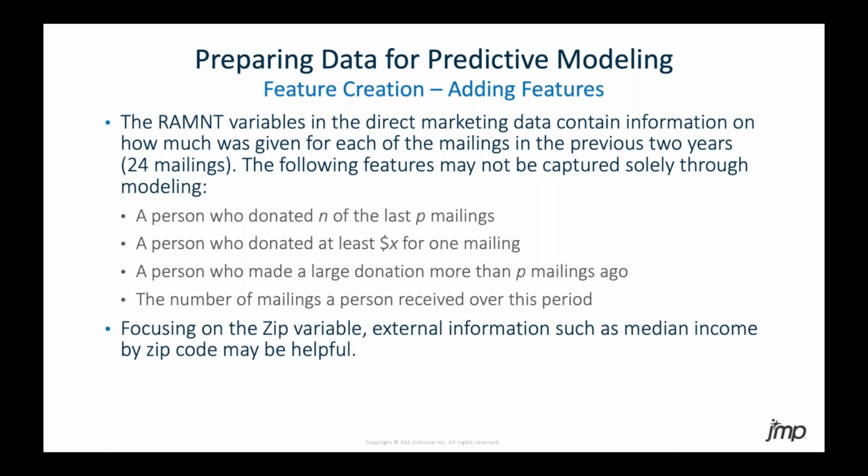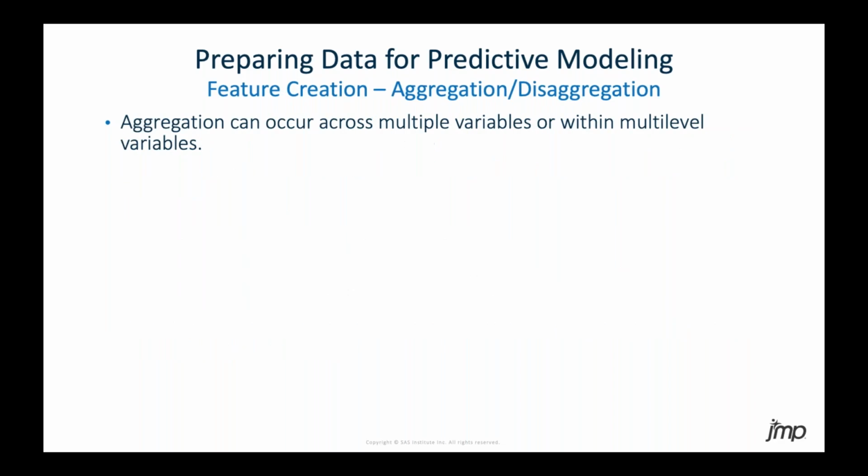Okay. Focusing on the zip code variable. One of the variables in the data set here is zip. I might want to pull in information such as the median income by the zip code. I might feel that if you come from a richer zip code, you might be more likely to donate more often or more.